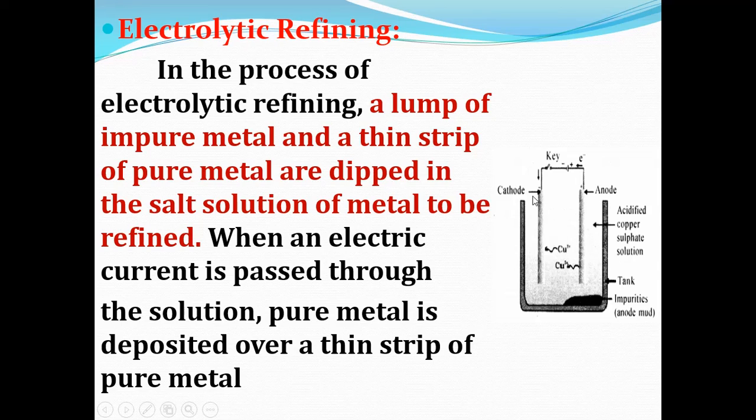At the cathode we deposit a thin strip of pure metal, and the anode contains a lump of impure metal. When we pass the electric current, the pure metal gets deposited over the cathode and the impurities settle at the bottom in the form of anode mud. Understood, children? This is called electrolytic refining.